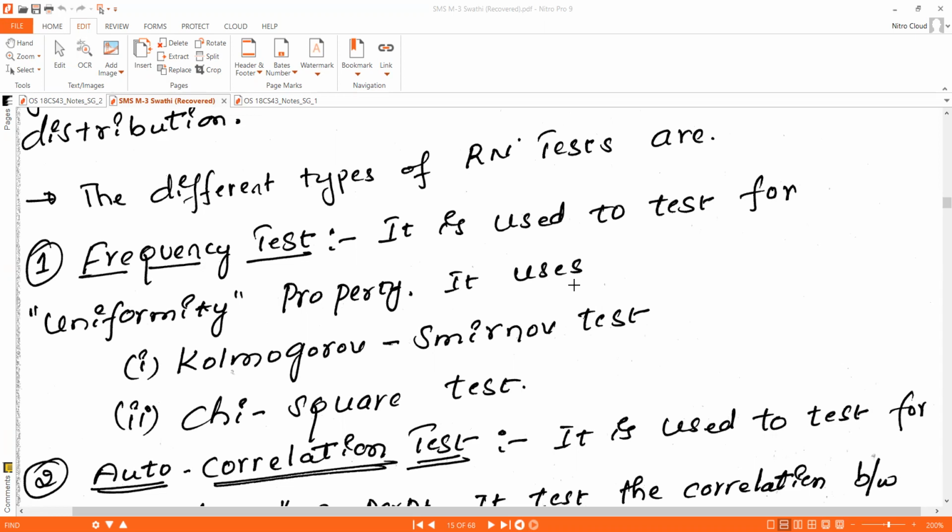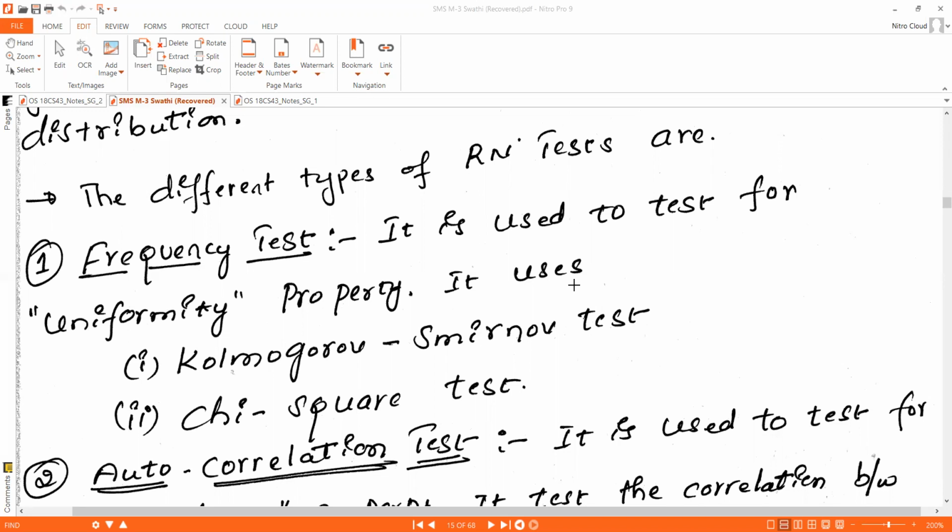That is the Kolmogorov-Smirnov test, also called the KS test, and the other one is the chi-square test.